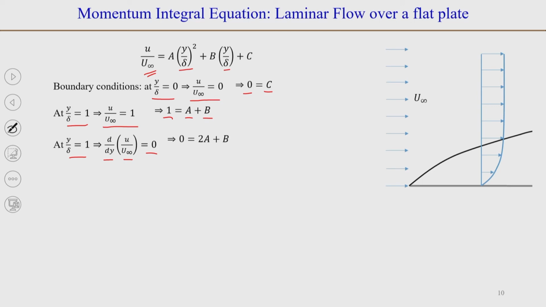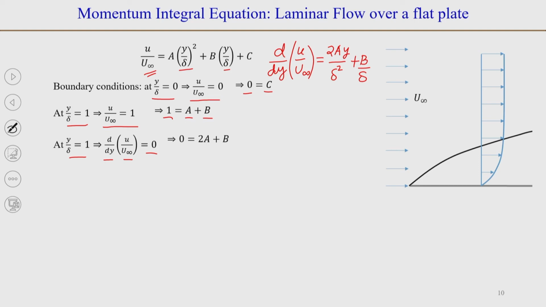2 a y by delta squared plus b by delta. So, d by dy of u by u infinity is 2 a y by delta squared plus b by delta.